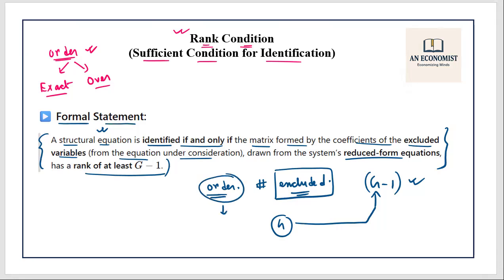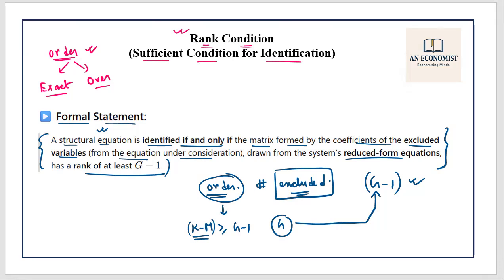The formula I gave you is K minus M has to be greater than or equal to G minus 1. K minus M is the total number of variables excluded from a particular equation but included in the model. Remember, we have discussed this. K is the total number of variables, both exogenous and endogenous, in a system of equations.